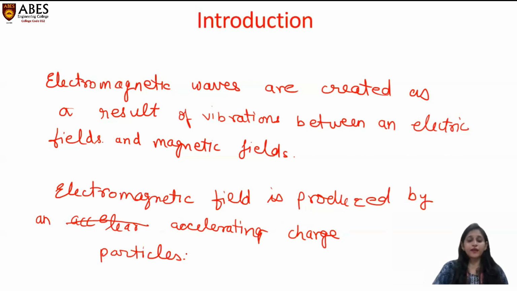Okay, so electromagnetic waves are nothing but electric and magnetic fields traveling through free space at the speed of light. An accelerating charged particle is one where the charged particle oscillates about an equilibrium position. So we can also say that electromagnetic waves can be produced by electric current.